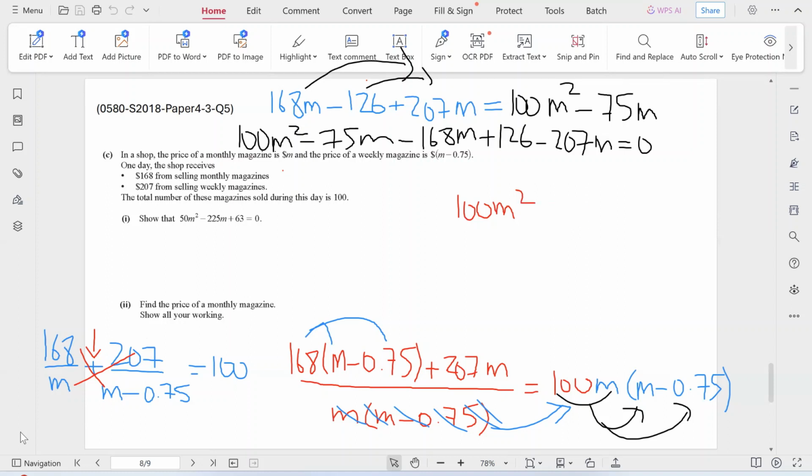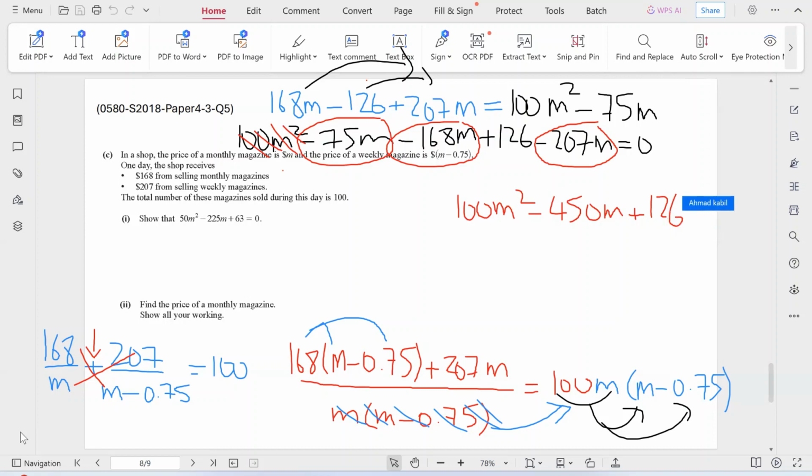We have negative 75 m, negative 168 m, negative 207 m. So on the calculator, just write negative 75 minus 168 minus 207. That gives us negative 450 m plus 126. That's the remaining term here, equals 0.